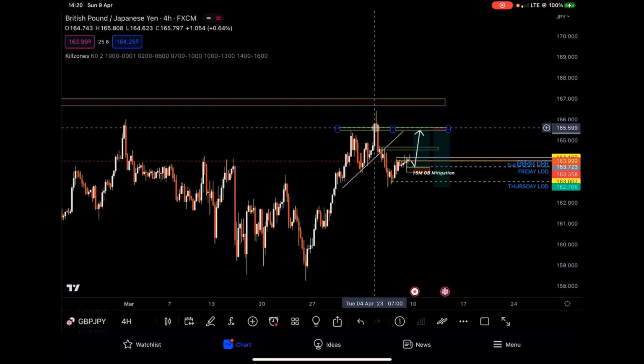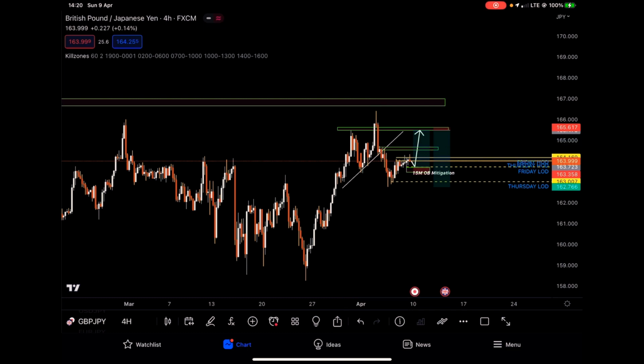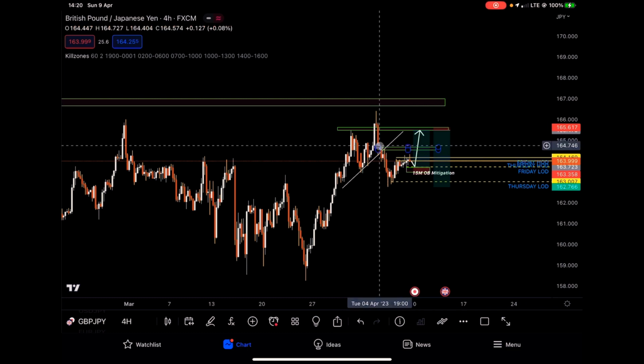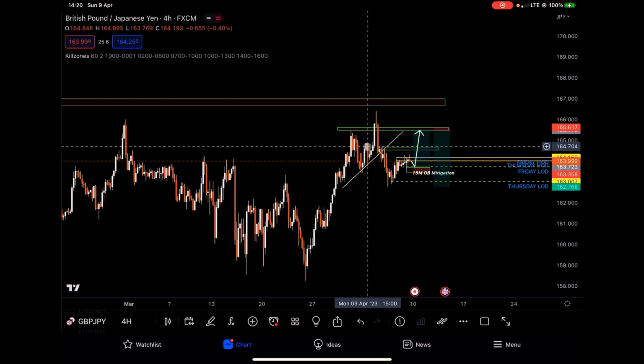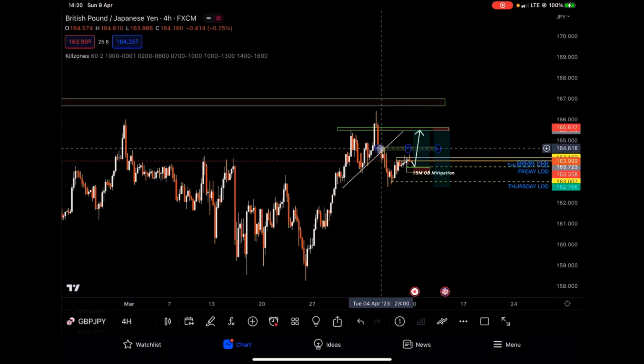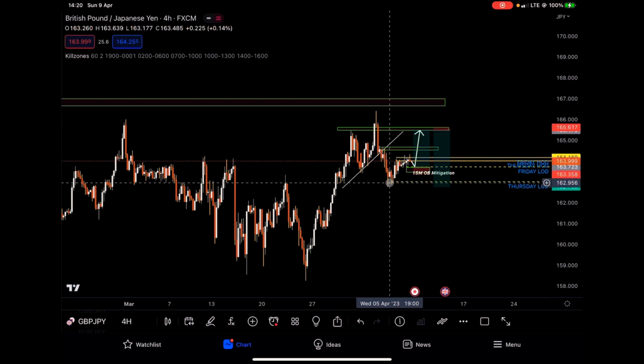Now this drop signifies a change of character at 164,800. So at 164,800 we can say the market changed character, not fully but momentarily, because this trend line is what kept the market bullish and it broke it, making it slightly bearish.